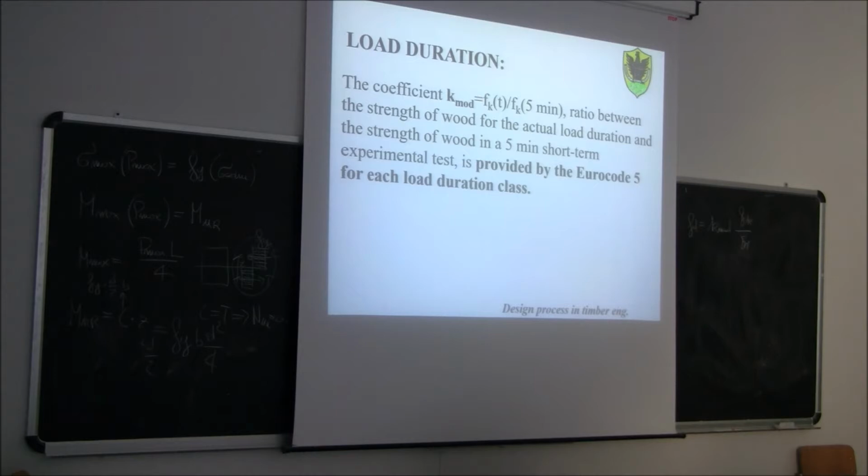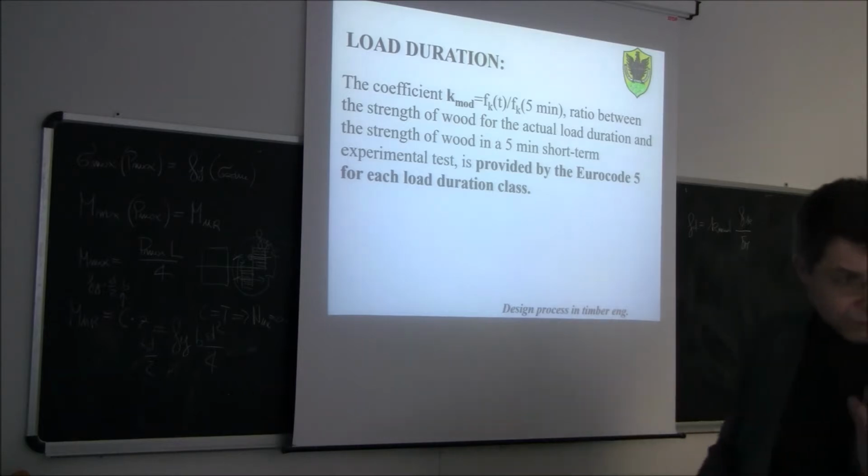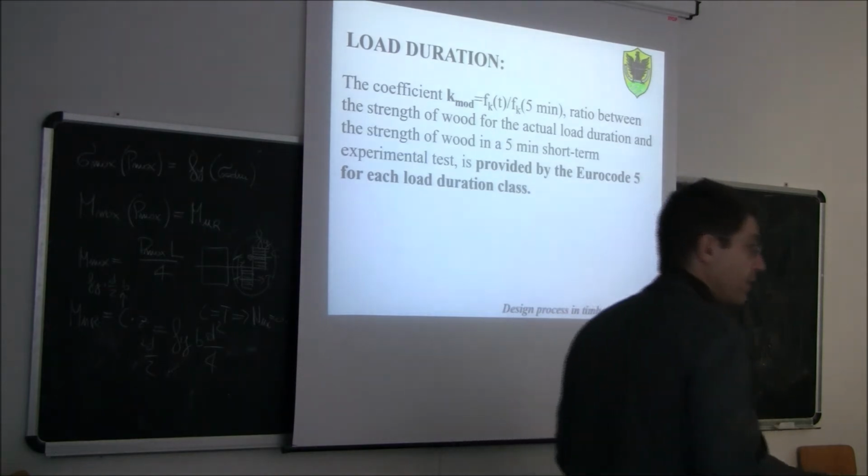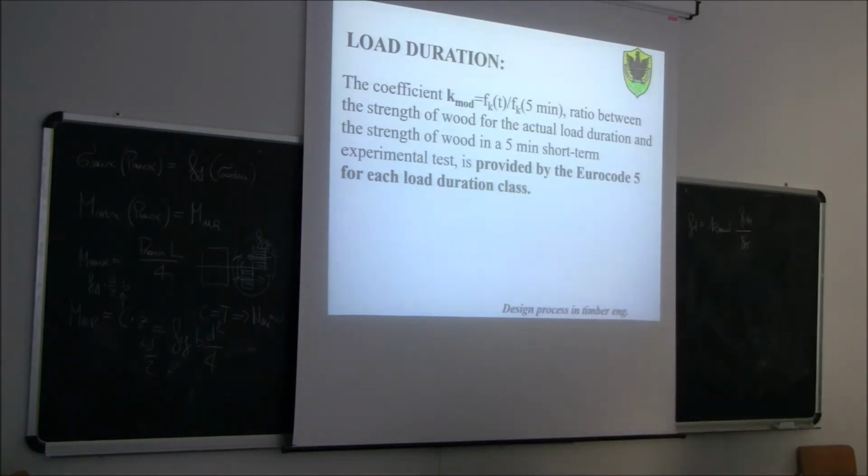Just a reminder that this K mod factor, now for timber, is going to depend on the moisture content and on the load duration class. For concrete, it was fixed to 0.8, irrespective of the type of load.